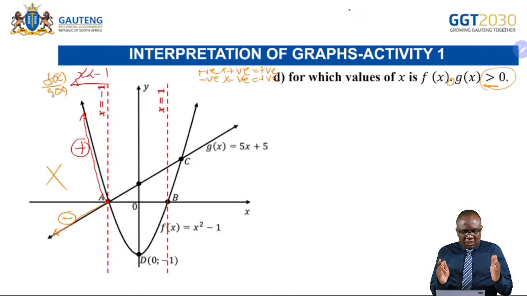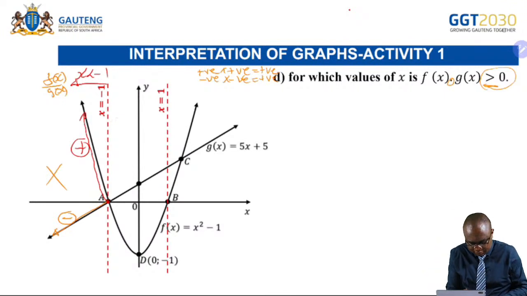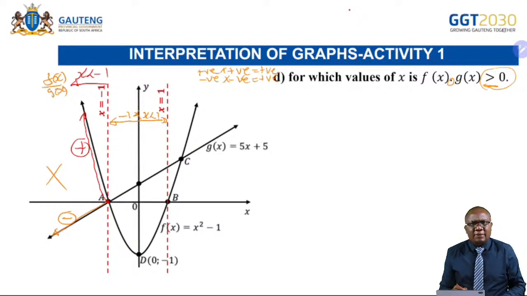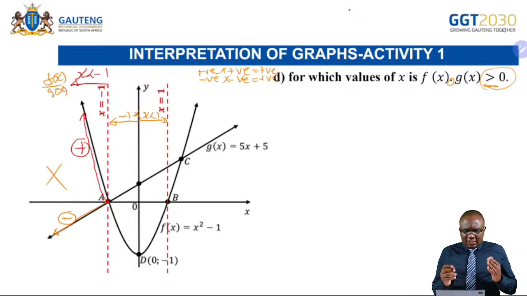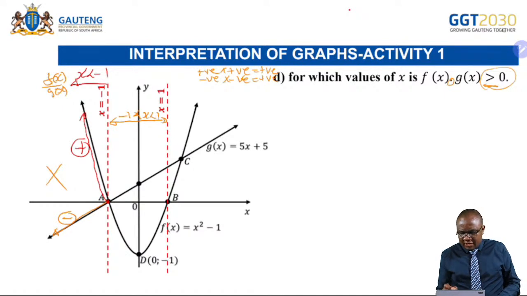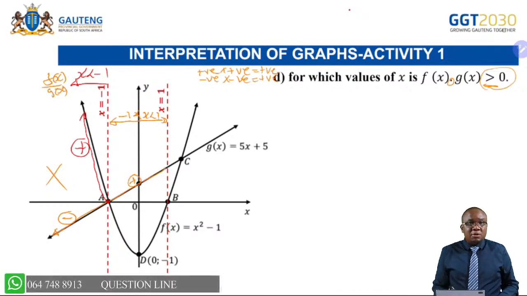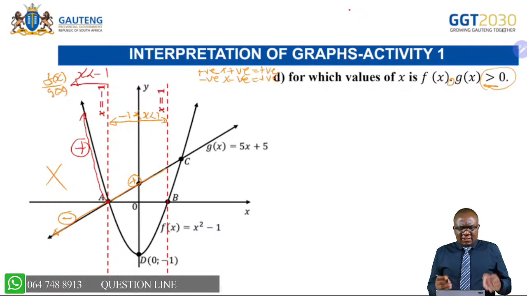Let's check between -1 and 1. Right. Now, let's start with g of x. Let me use red for g of x from here up to there. Okay, g of x is positive because it is above the x-axis.